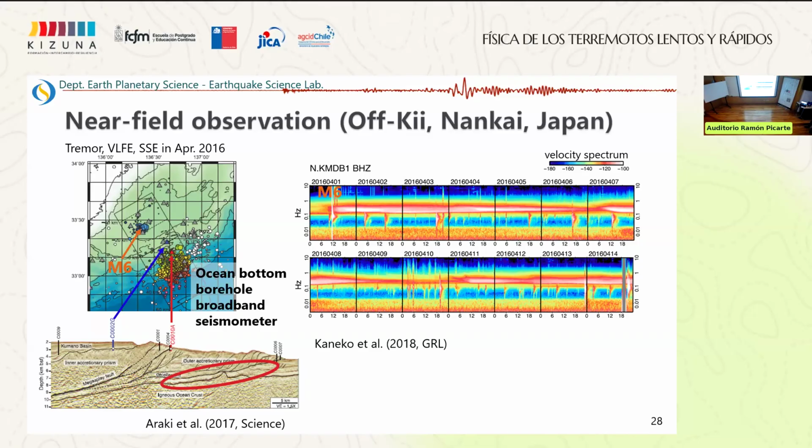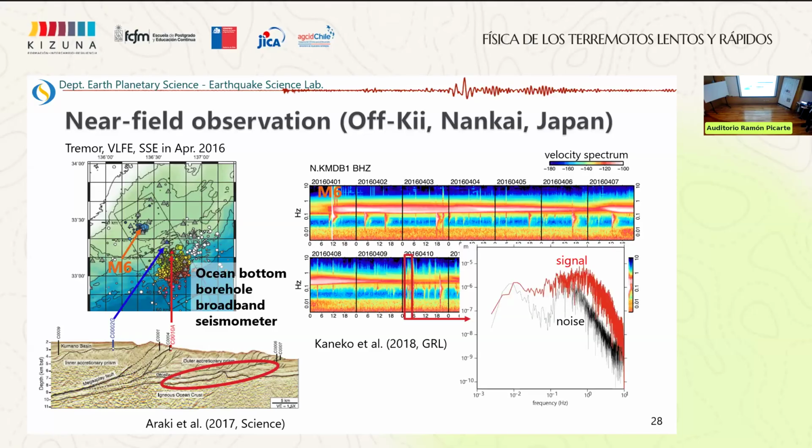We see this day tremor activity is very active, and microseismic noise is very quiet. So we are just lucky to see all signal from low frequency to high frequency.